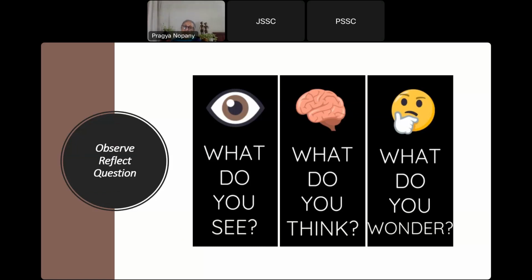And when they share in the classroom, one person says something, the other person says something, the third person says something. All their observations collectively lead to enrichment of all the people over there. So even the competency of collaboration, even the competency of learning from different people, is automatically developed here.